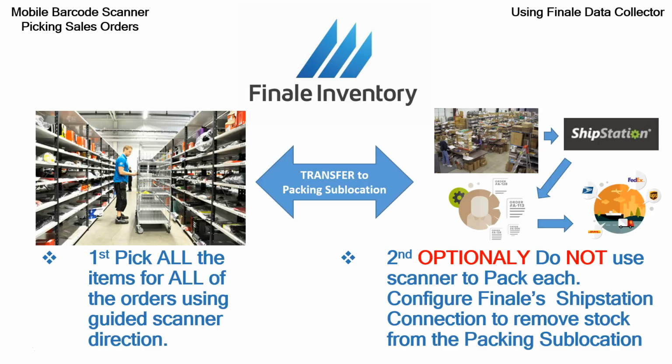It's going to take all those items that you transferred into that packing sublocation, and when it ships the orders on the ShipStation side, so when they print the labels over there, it's just going to automatically decrement the stock levels out of that packing sublocation that everything was transferred into.